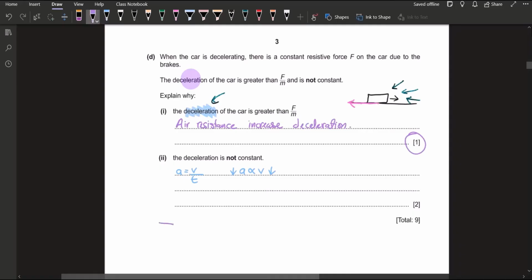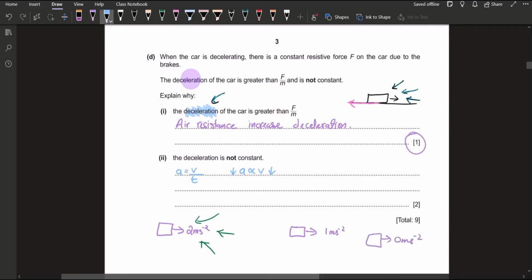If you see here, we have a car over here which is moving on this side at maybe 2 meters per second squared, and is decelerating at this rate. When there is air resistance and other forces acting on the car, after some time the car will decelerate at maybe 1 meter per second squared, and eventually it will become 0 meters per second squared because there is no force acting on the car.